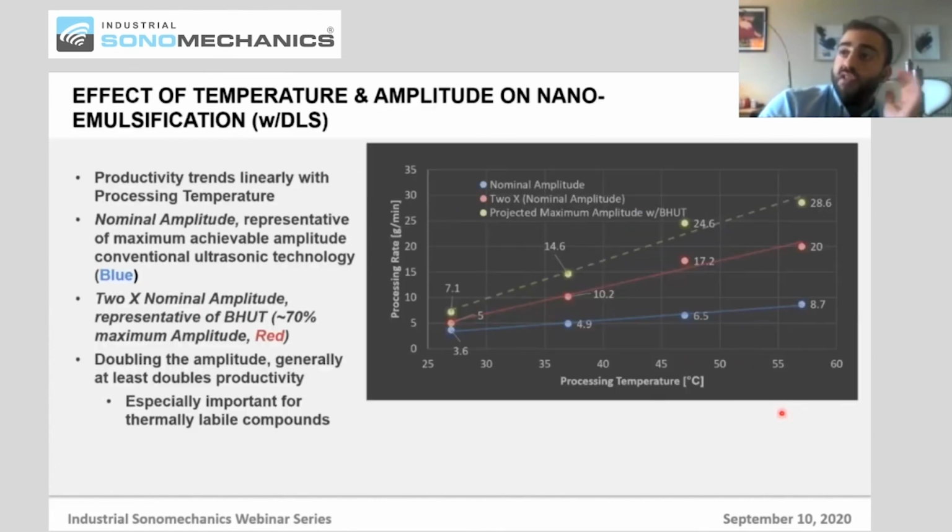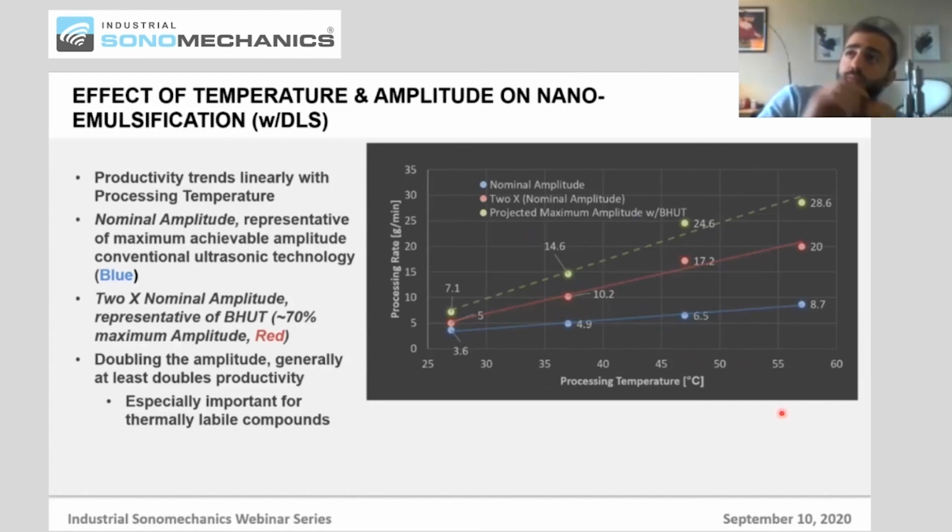We performed this same study at a nominal ultrasonic amplitude comparable to the maximum that conventional ultrasound can achieve. And we performed the study at 2 times that amplitude, which comes out to about 70% of the maximum amplitude with BARBELL HORNO ultrasonic technology. So that's the red line.